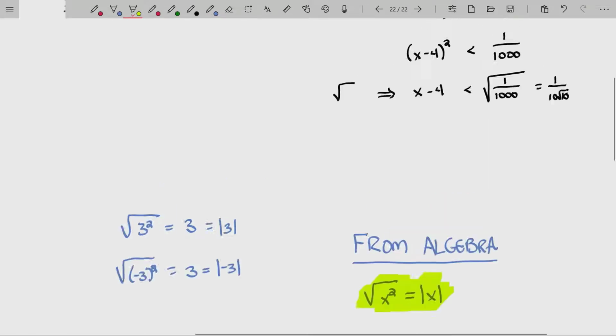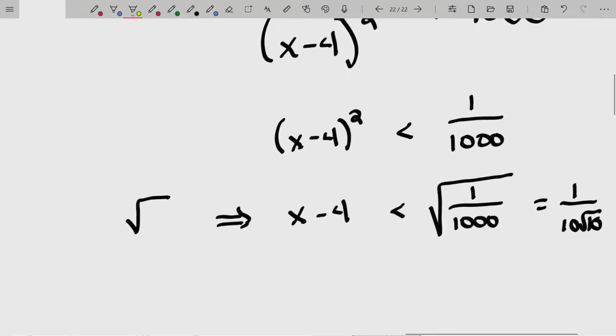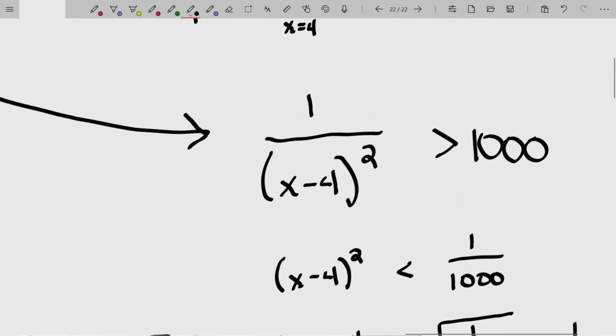That being said, when we took the square root of both sides here, I was a little sloppy by not putting the absolute values, because I took the square root of a square. There you go. Now we have the inequality we want. How close does x have to be to 4 so that 1 over (x minus 4) squared is greater than 1,000?